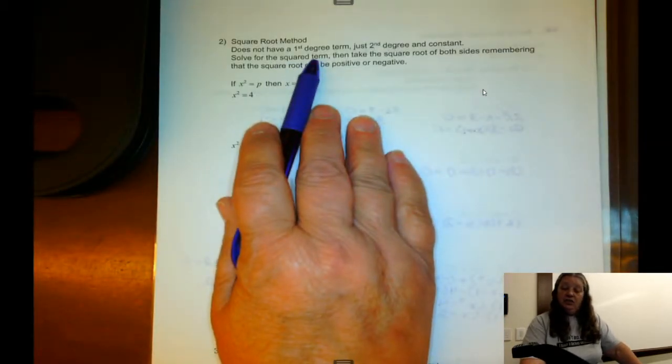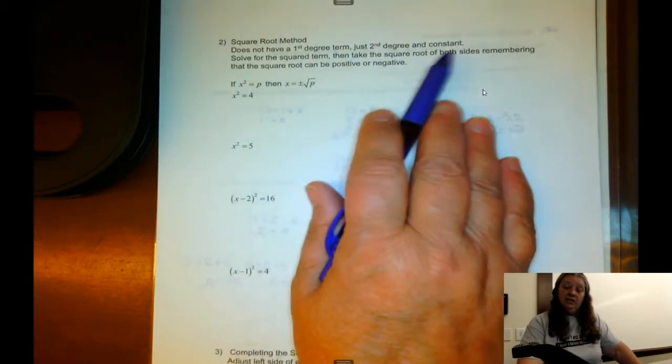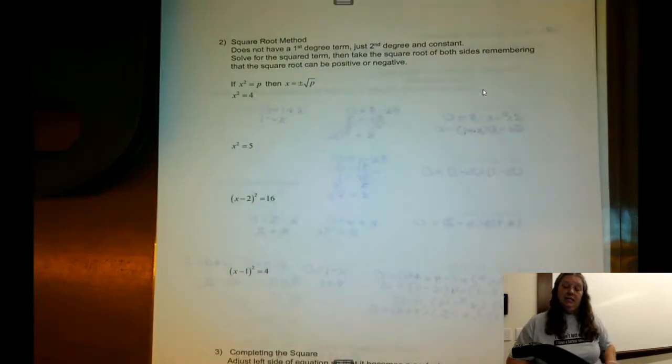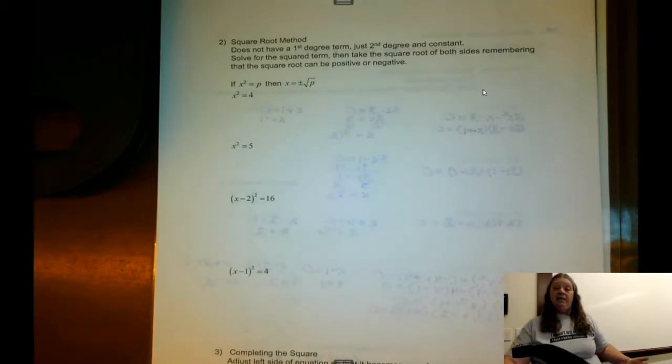In these cases, we don't have a first degree term. It's only a second degree term and a constant. And we have to remember the root can either be positive or negative. We're not strictly talking about the positive root.